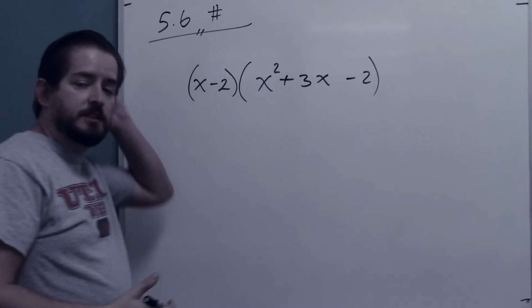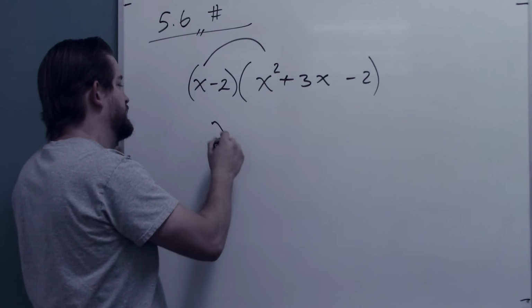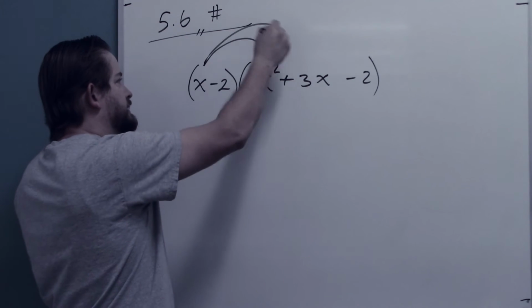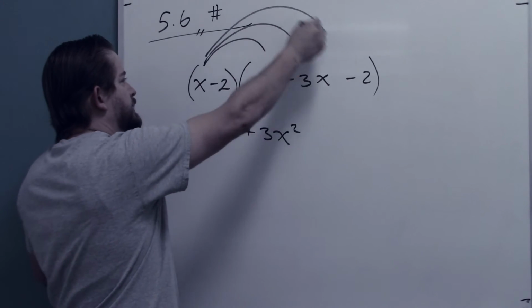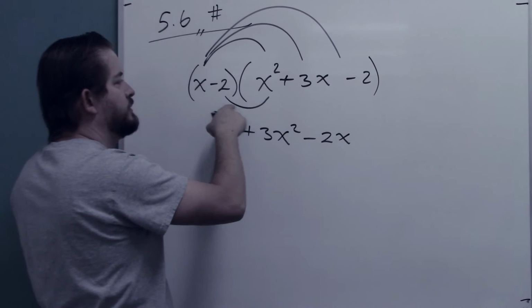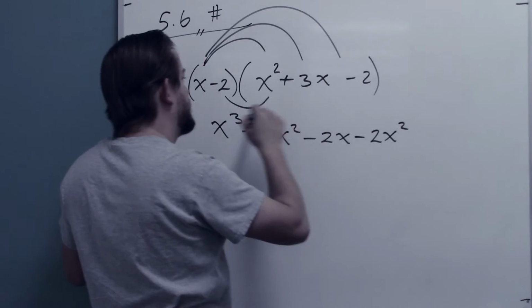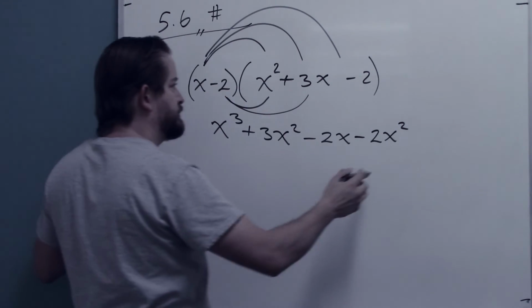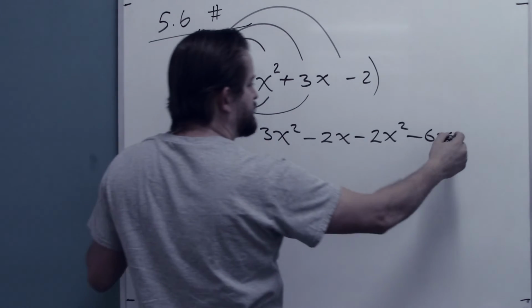The multiplication is not terrible, it's just a distribution, so I would take x times x squared, that's x to the 3rd, x times 3x, that's 3x squared, x times minus 2 is minus 2x. Minus 2 multiplied by the x squared gives me minus 2x squared. Minus 2 times 3x is minus 6x. And then minus 2 times minus 2 is plus 4.